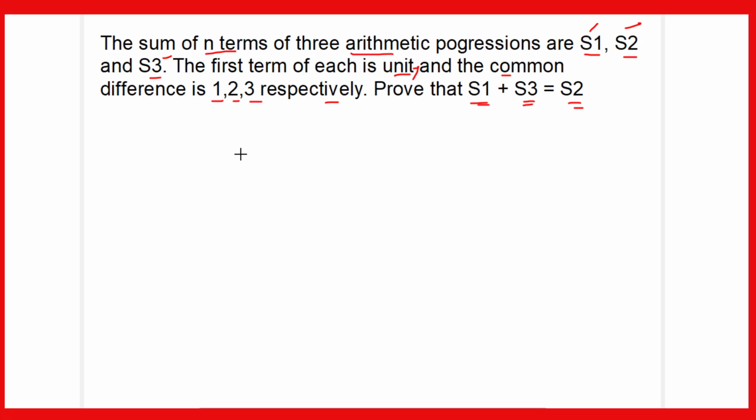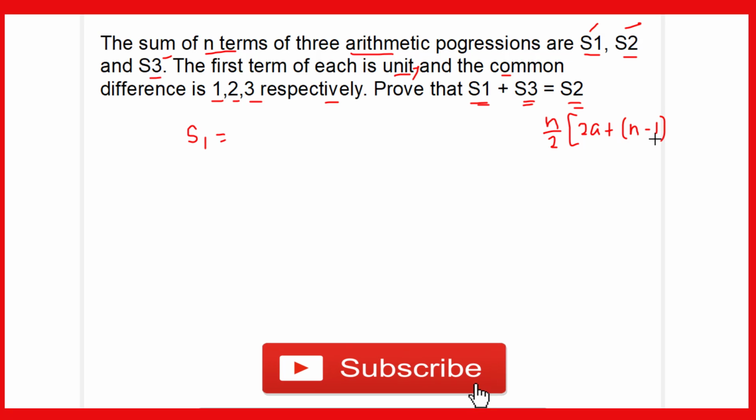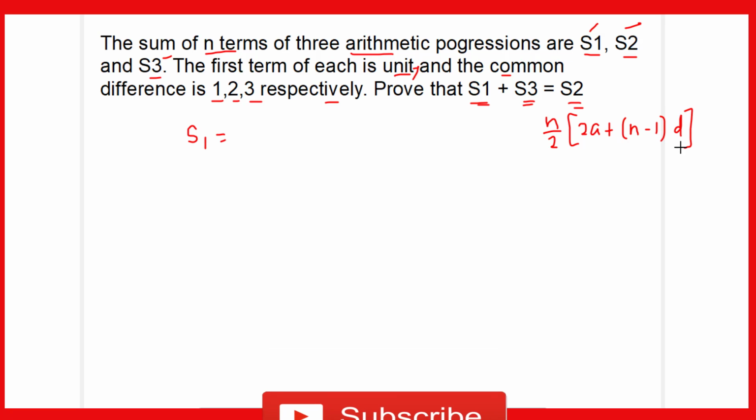So here we will find the sum of the n terms of the first arithmetic progression, and we find the sum of the n terms by the formula n by 2 into bracket 2a plus bracket n minus 1 close the bracket into d.